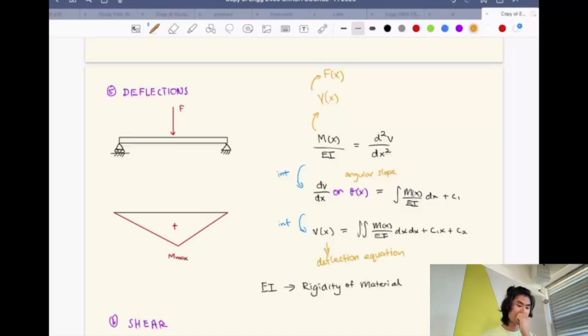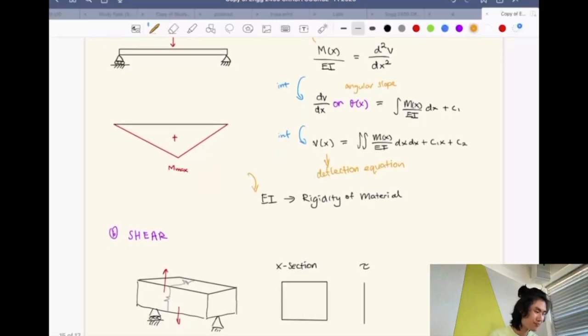And EI is just a measure of the rigidity of your material. E is the elastic modulus, how stiff something is. I is the moment of inertia. These two together basically tell you how much resistance a material has to rotating.